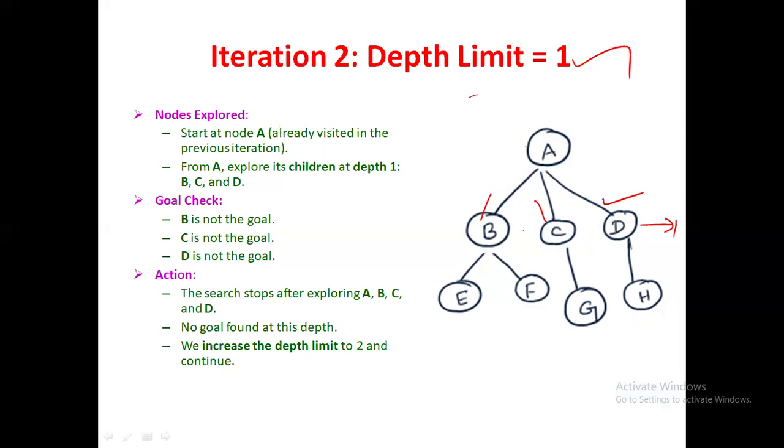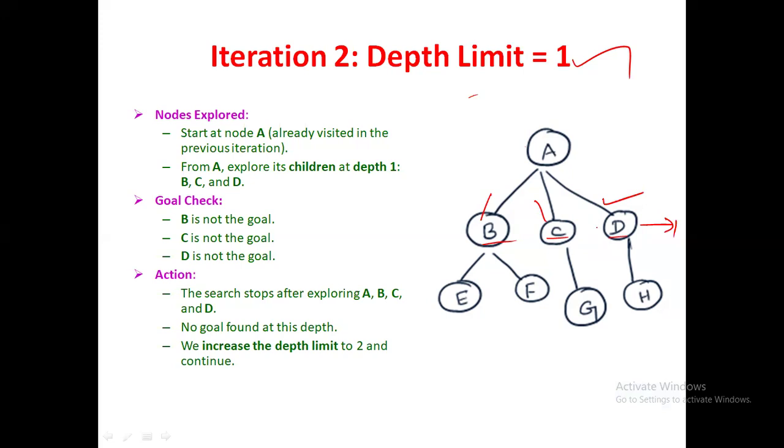The search checks each of these nodes to see if any of them match the goal node G. B, C, D are not the goal node. None of these nodes are the goal, and since there are no further nodes to explore at depth 1, the search stops here.